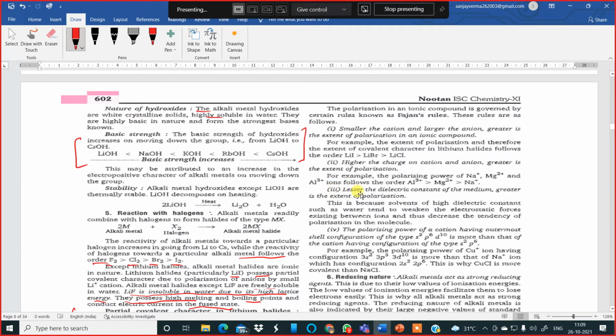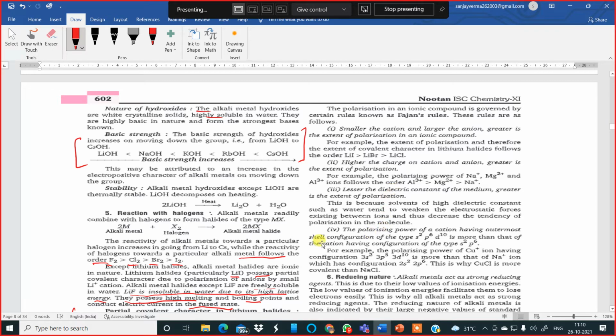Third one is, lesser the dielectric constant of the medium, greater is the extent of polarization. For example, water has a high dielectric constant. It can break the strong electrostatic force of attraction in ionic compounds to dissolve them. That's why if the dielectric constant of the medium is less, then the polarization becomes higher.